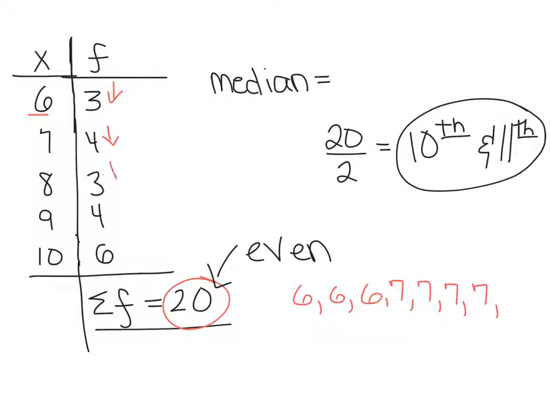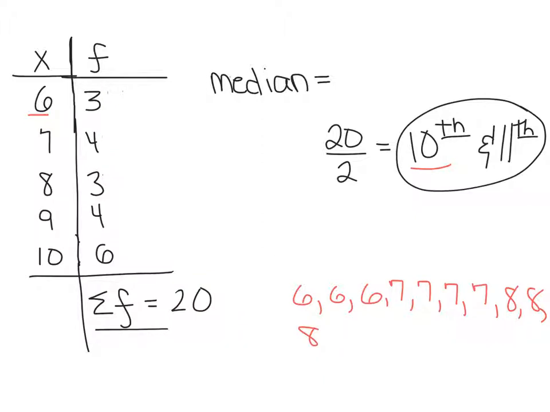And then it goes to three 8s: 8, 8, 8, and so on. Now I want to find the number that's in the 10th position. So I'm just going to add up my frequencies. 3 plus 4 is 7. And then 7 plus 3 is 10. So that means that 8 is in the 10th position.